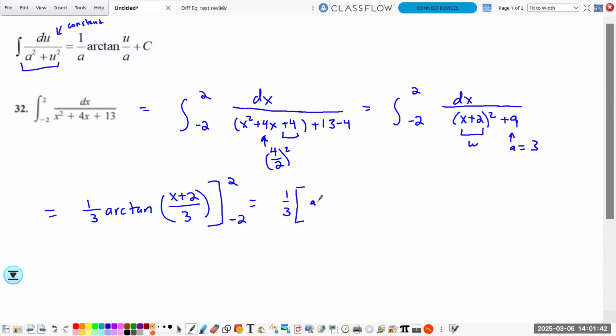So I have arctan of 4/3 minus arctan of 0. And arctangent of 0, what angle has a tangent of 0? That's just 0. So my final answer here would be 1/3 arctan of 4/3.